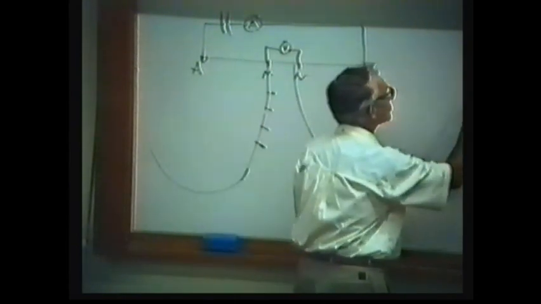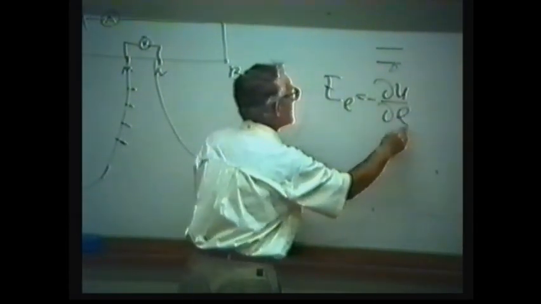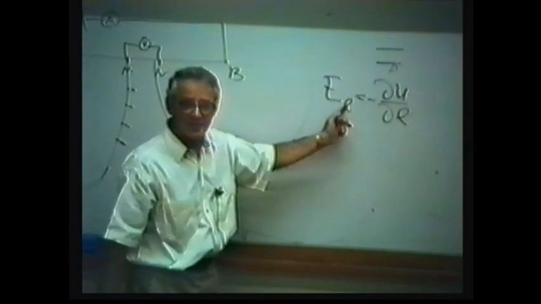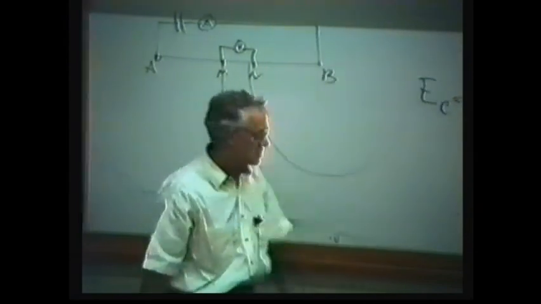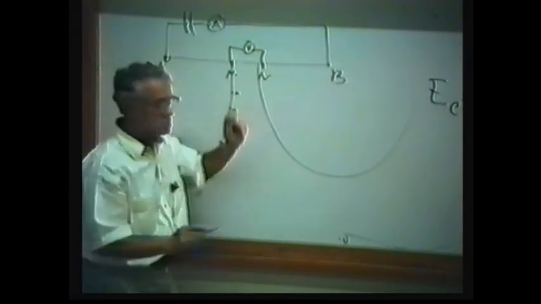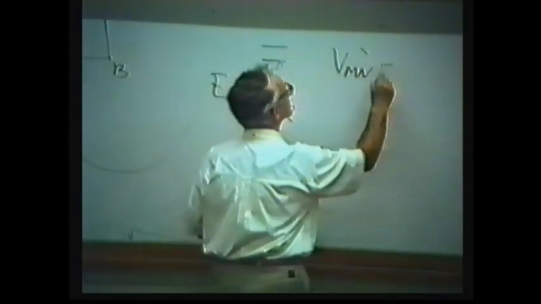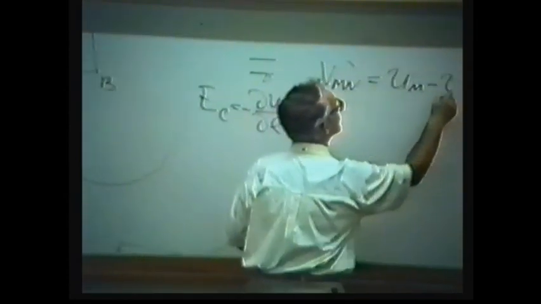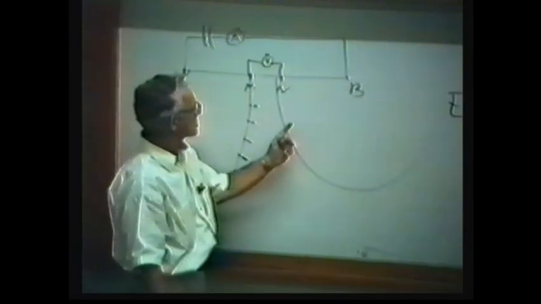If you remember, I wrote once today, the derivative, if this component is equal to 0, therefore the derivative is 0, the potential does not change. So our voltage V_MN equals U_M minus U_N. That's the concept of voltage potential.